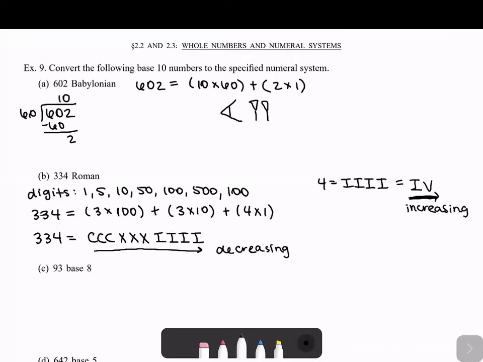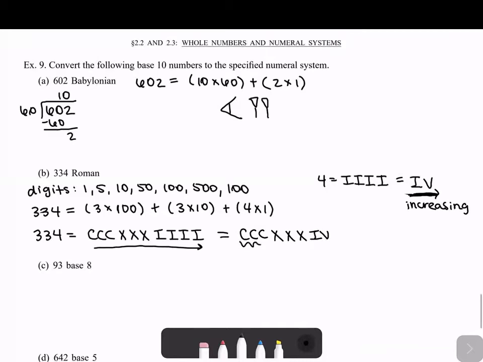So instead of doing 1 plus 5, we take 5 and take 1 away. So another way that we can write 334, and the much more standard way, is CCCXXXIV. Let me correct that: we have 300, and we have 3 10s, and then this gives us the 4.